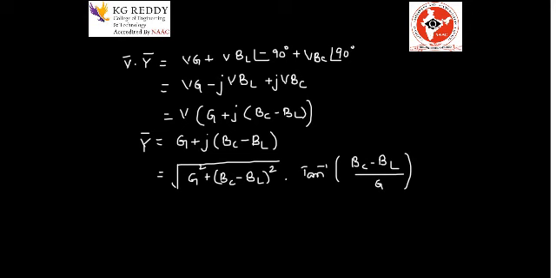As usual, like in our series RLC circuit, we have seen that the nature of the circuit is decided by the reactance present in the circuit. Now depending upon this, we take three cases. In case 1, BC minus BL is greater than 0.